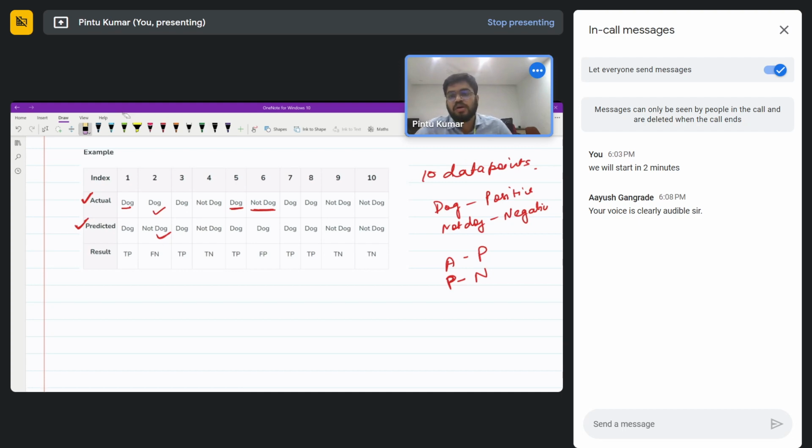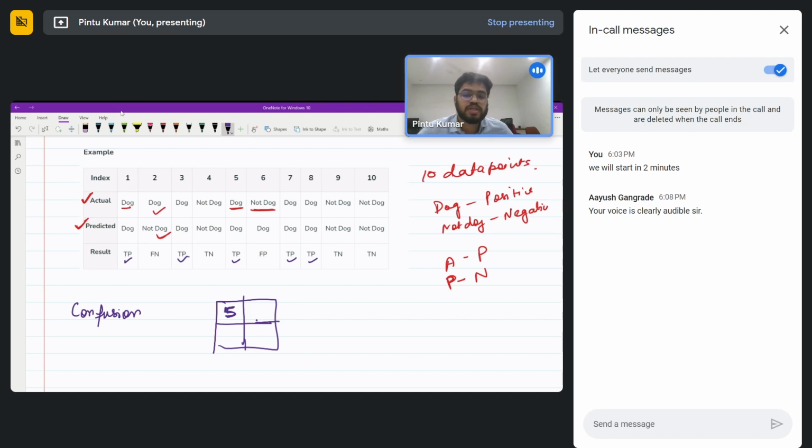Okay. Now, if you have to write the confusion matrix corresponding to this, then we will count. So it will have 4 positions, right? For the first position, we will count the number of true positives. So this is 1, 2, 3, 4, 5. So the first position will have 5 values over here, right?